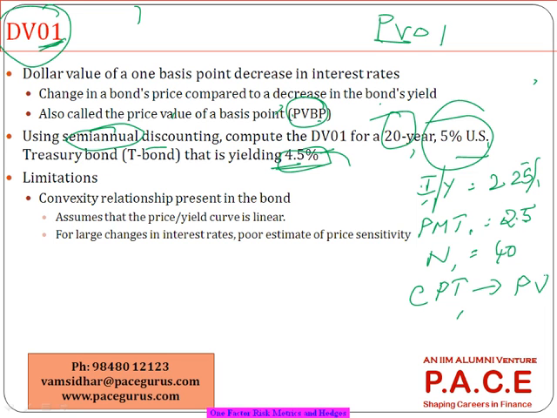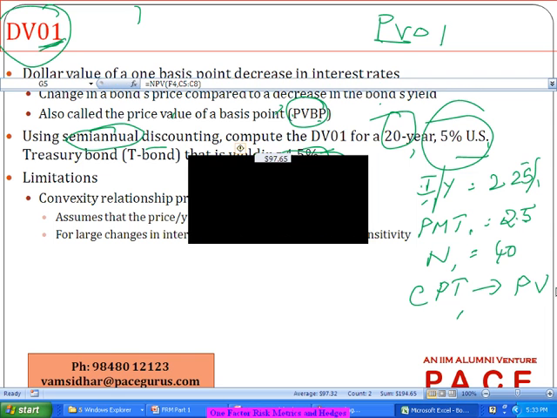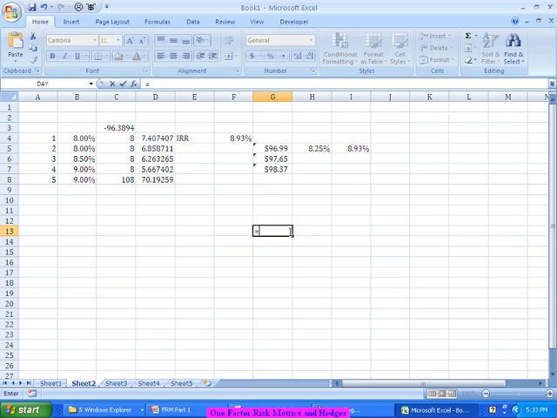So the rate is 2.25%, the number of periods is 40, PMT is 2.5, and the future value is 100, which is the maturity or face value. This says the bond should be sold at 106.55.